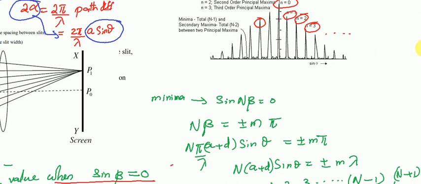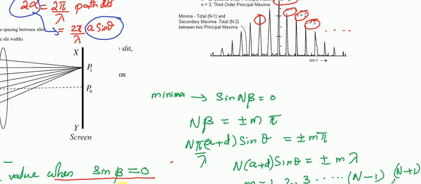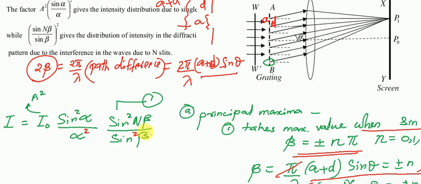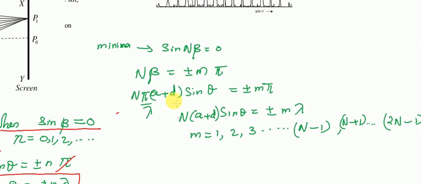Now, for minima to occur, sin n beta in the expression for intensity, the numerator, must equal 0. That is possible when n beta is a multiple of 180 degrees, plus or minus m pi.